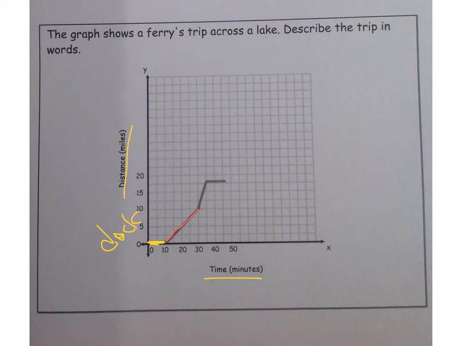So this is when it's starting to speed up. And then it gets going here, it's going faster because it's going more quickly over time. So it's speeding up again. And then the last part here is when it's at the dock and it's not going anywhere again because there's no more distance added. So it's going to be at the dock again.